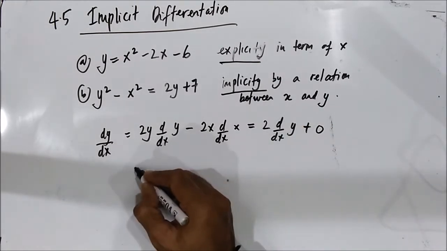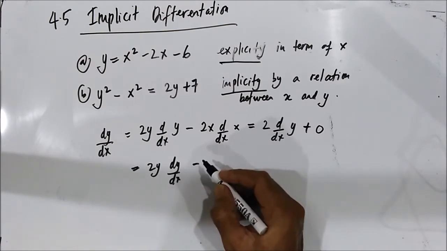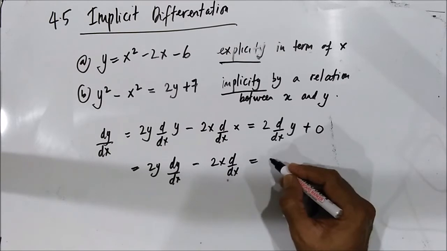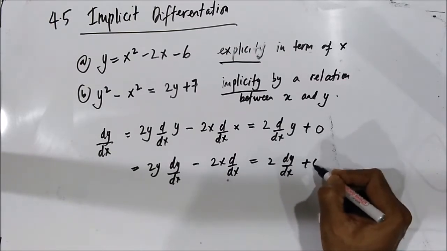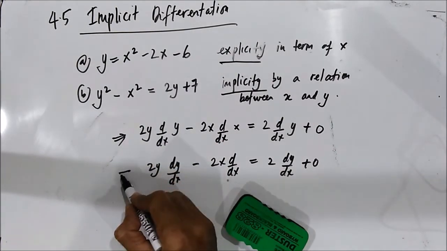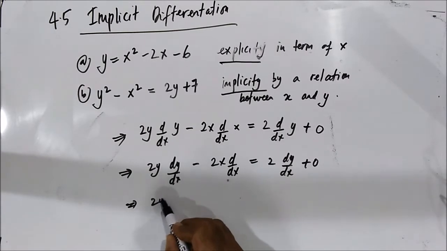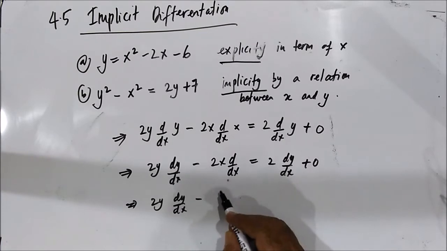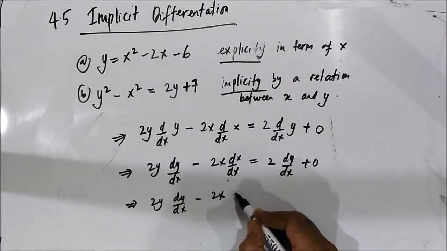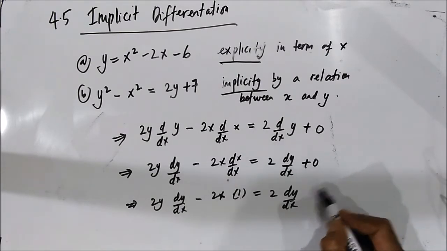The differentiation of a constant is equal to 0, and this can be written as 2y dy/dx minus 2x dx equal to 2 dy/dx plus 0.